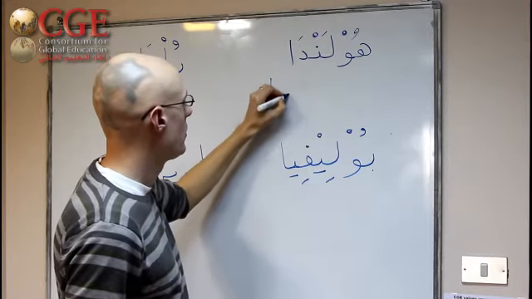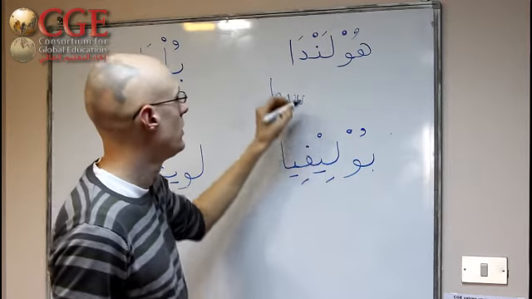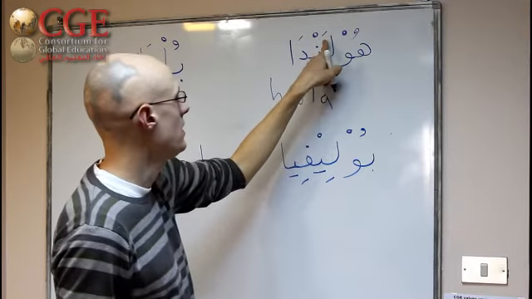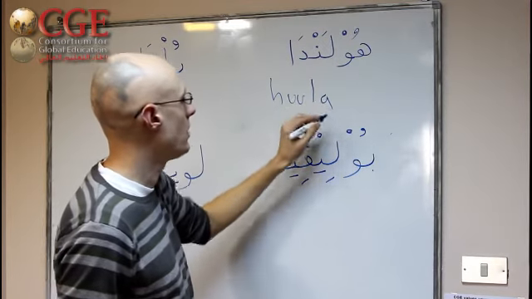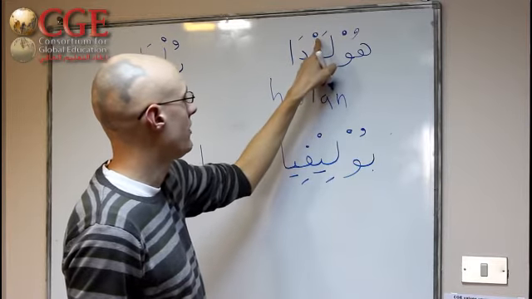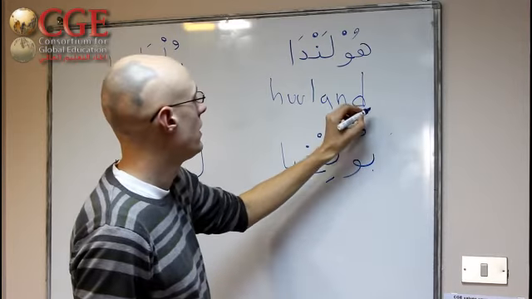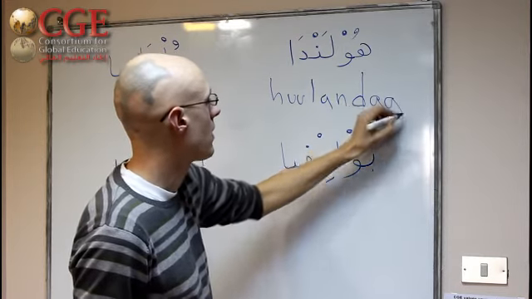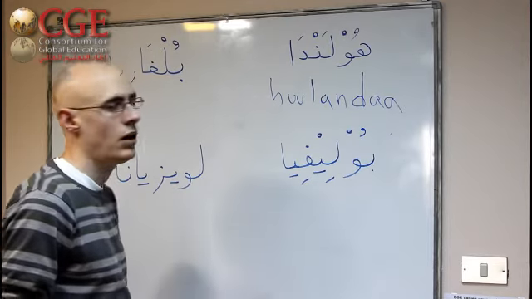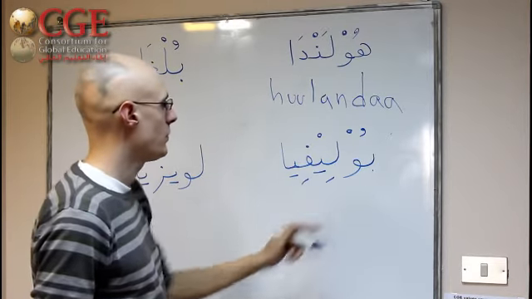H, with a, like I said, long U. Then we have an L. Short A, with a dot on top, N, no vowel after it, followed by a D. Then a long A. Hollanda. That's Holland.